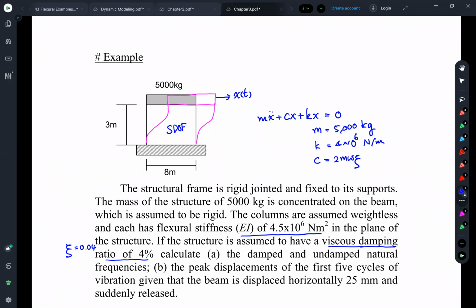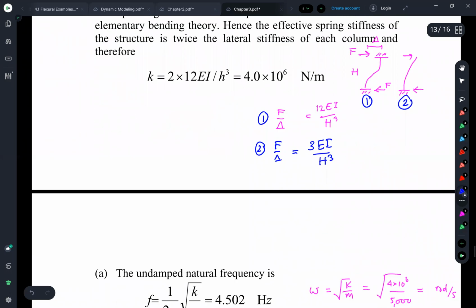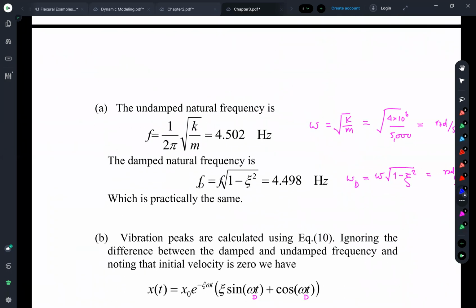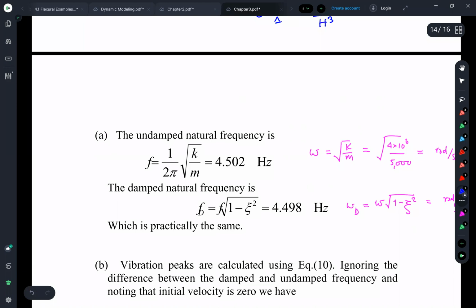So I have M, I have K, I have psi. I don't have omega yet. I need to calculate the omega first. What is the omega? Omega is the square root of K over M, right? And when you introduce this, you will know the value of the omega.